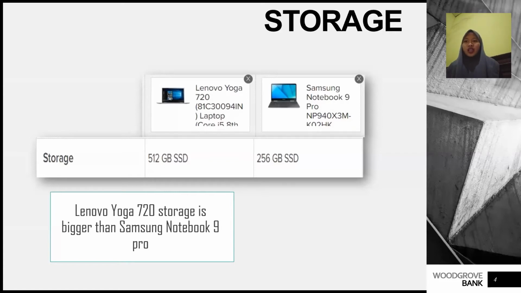Specification of storage: Lenovo Yoga 720 storage is 512 gigabyte SSD, and Samsung Notebook 9 Pro storage is 256 gigabyte SSD. Lenovo Yoga 720 storage is bigger than Samsung Notebook 9 Pro.